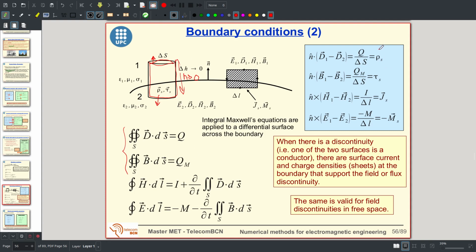So what we get from the Gauss laws applied for the electric and magnetic case to this differential volume in the shape of a cylinder is that the difference between the displacement vector in medium 1 minus medium 2, normal component, is equal to the surface charge in the surface that separates the medium.